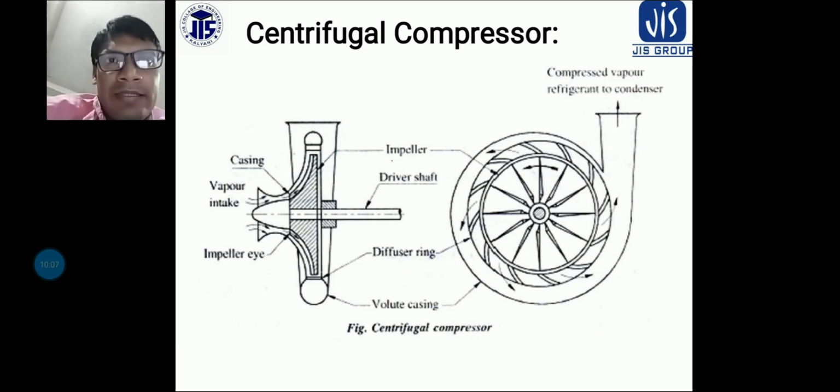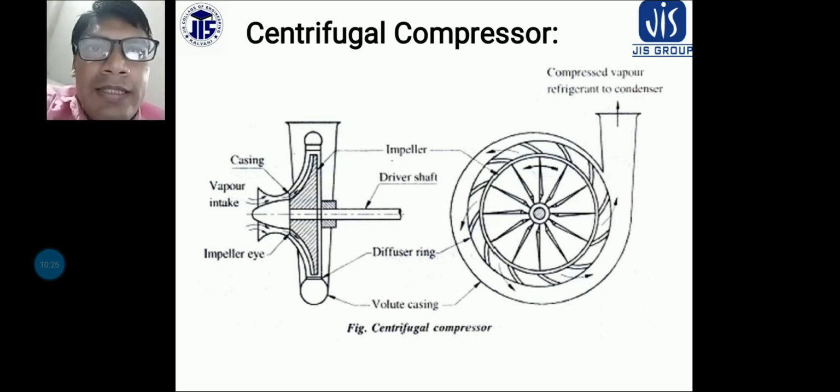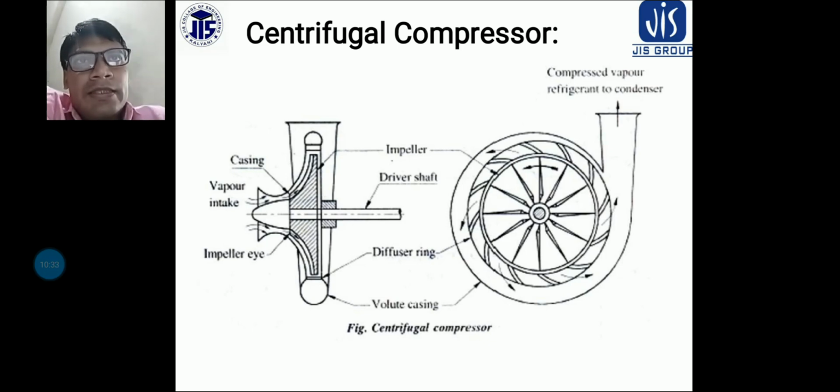Next merit: this compressor can be directly connected to an electric motor or steam turbine, as they run at high speeds of 300,000 rpm and above. So by the help of a steam turbine also, this compressor can be operated directly. Another merit is constant high efficiency compared with the reciprocating compressor.